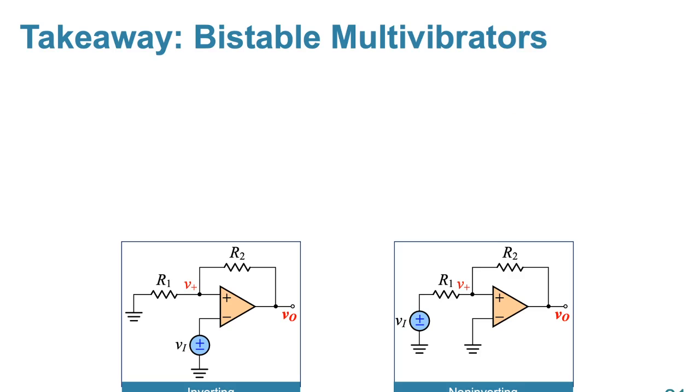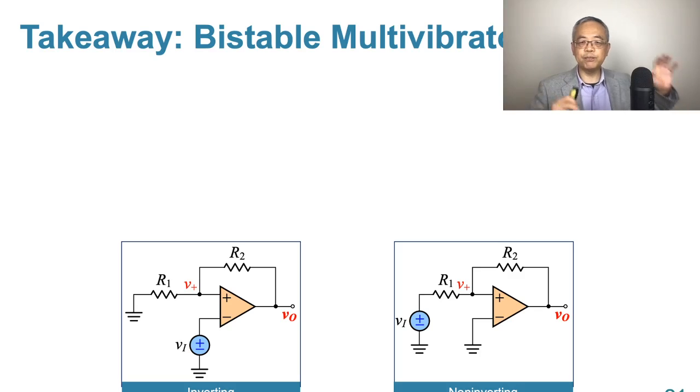So here's the takeaway: two bistable multivibrators. The left-hand side is the inverting one, where we go to the negative input terminal. Excuse me, maybe the slide capture is not very good. Your right-hand side is the non-inverting.